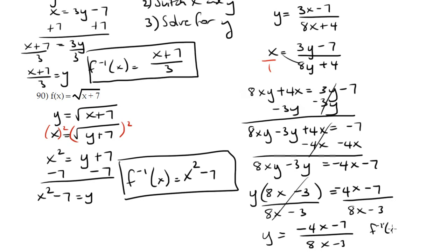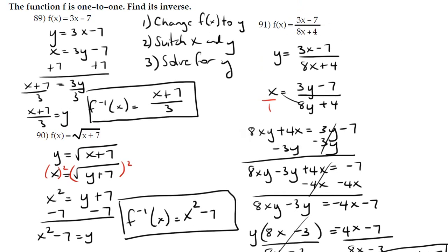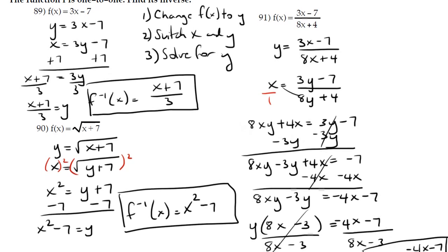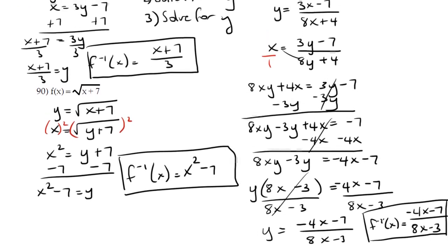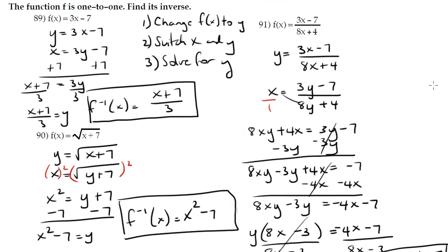The inverse of that original function is negative 4x minus 7 over 8x minus 3. So the same process for each one, same three steps. Change f of x to y, switch x and y, and then solve for y. The third one is a little bit more involved, but same idea.